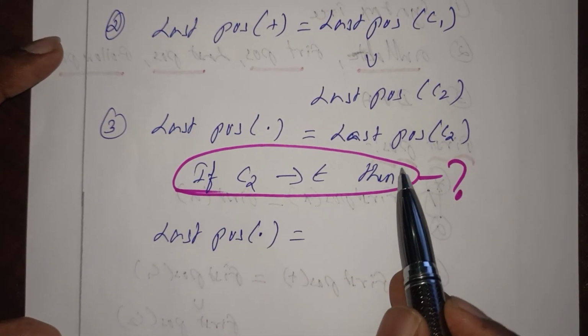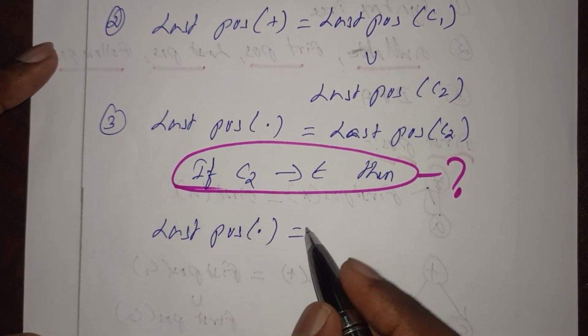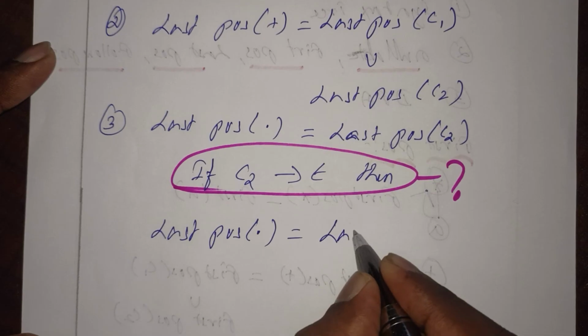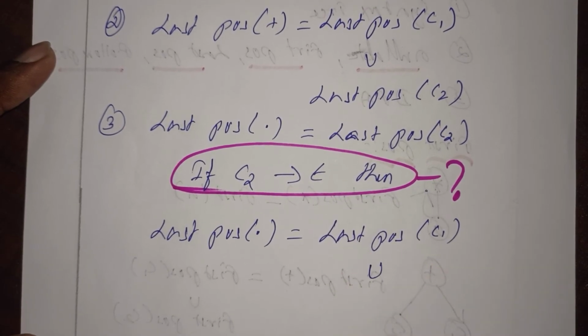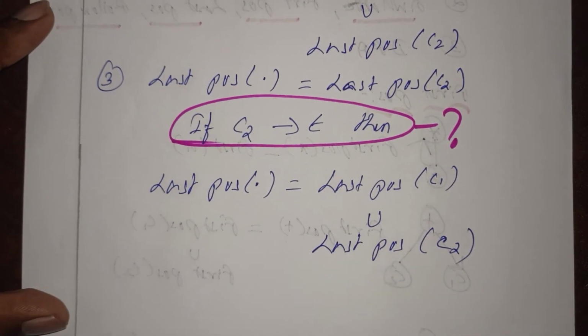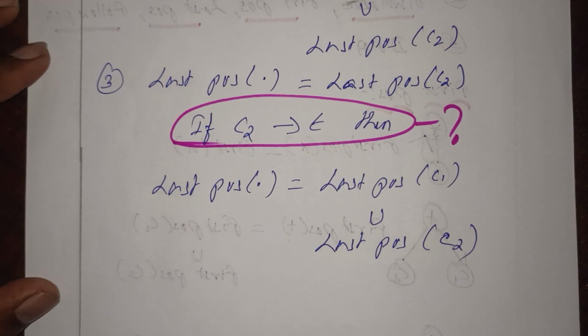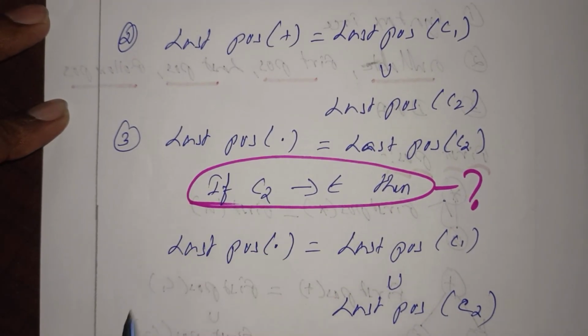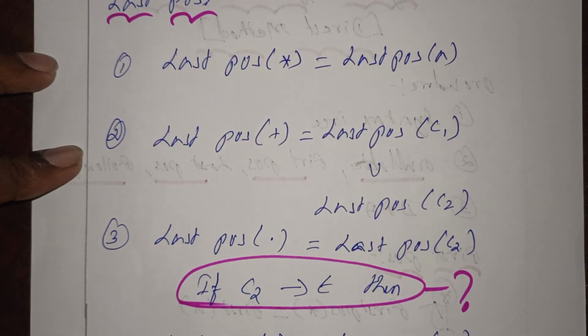But when it finds that this C2 is null, then last position of dot is equal to last position of C1 union last position of C2. So this is what you need to remember whenever you are finding any particular process, that particular thing which happens only on dot. You will never get any confusion on doing this nullable value, that is asterisk, closure, and this plus.